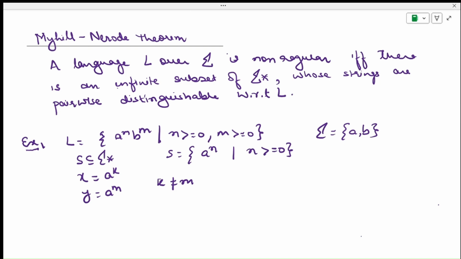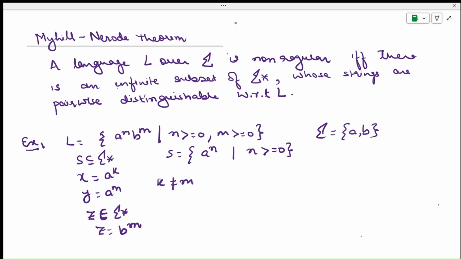Take one more string z to be concatenated with x and y. This z belongs to sigma star. So assume I take z equal to b raised to the power m, that is, length of z and length of y are the same.